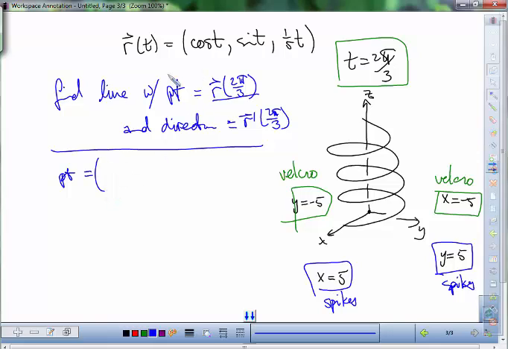So cosine of 2 pi over 3 is -1/2. And then root 3 over 2, positive? And 2 pi over 15. So this is your point. This is the point that you're in. Your direction is going to be the derivative. Remember that the derivative was?